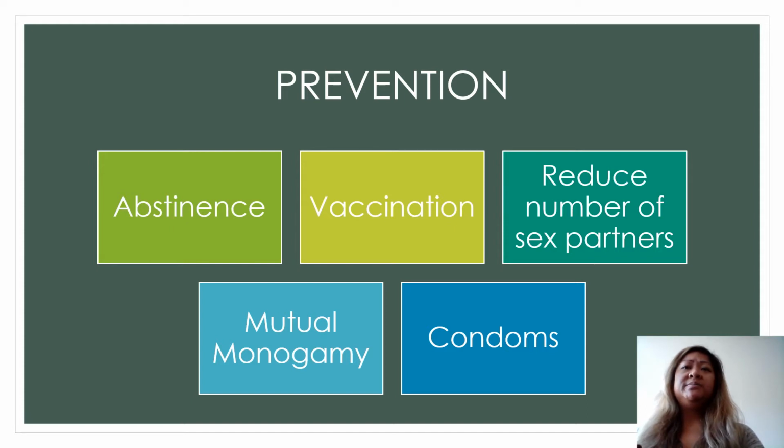Reducing the number of sex partners definitely reduces the risk of STDs. Being in a long-term mutual monogamous relationship decreases risk for STDs as long as both partners are not infected and they mutually agree to be sexually active with just that one partner. They need to be open with each other and have honest conversations.